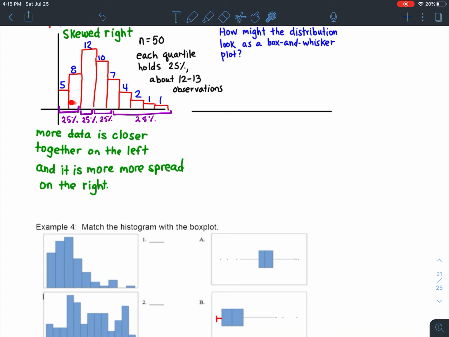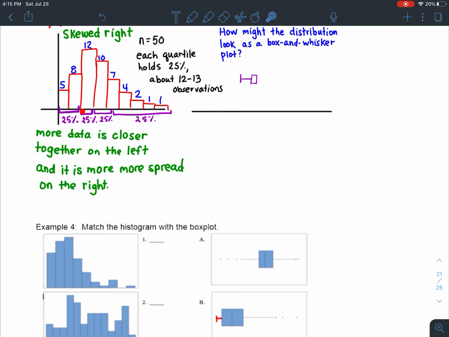Okay, so this is just rough, but I'm going to say, okay, this first 25%, you know, it spanned a few pieces of data here, so I'm going to say maybe that represents the distance, okay? But then the next 25% of data only spanned a little bit. So it didn't take very long because there were a lot of pieces of data there. So I'm going to make that smaller.